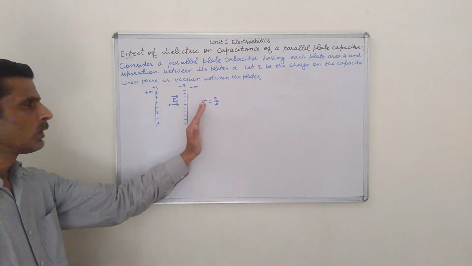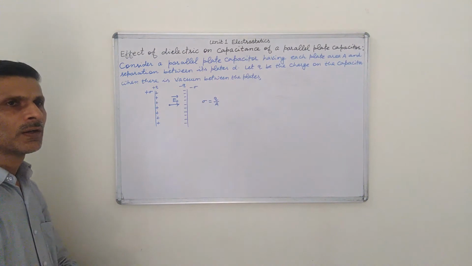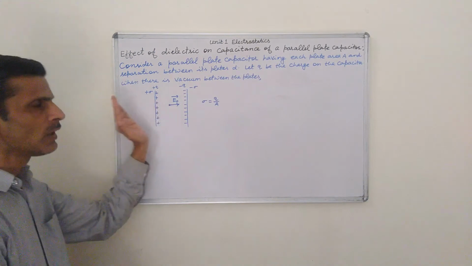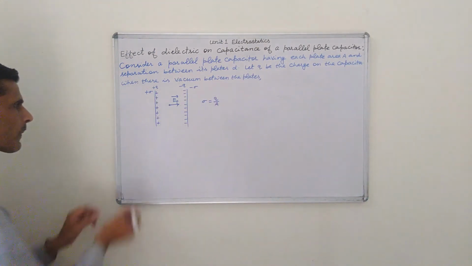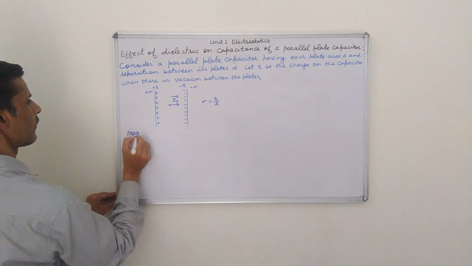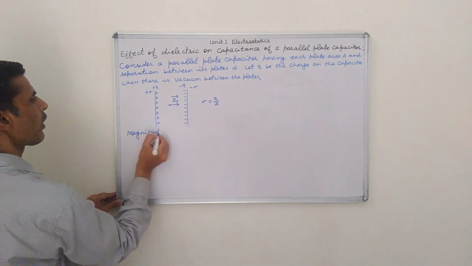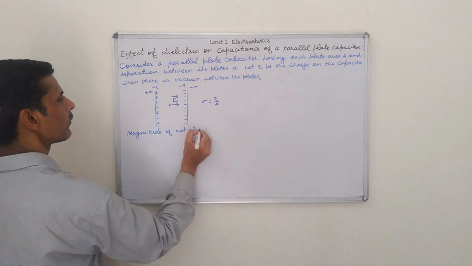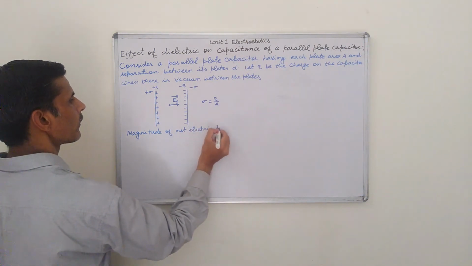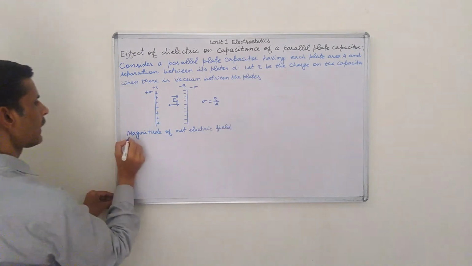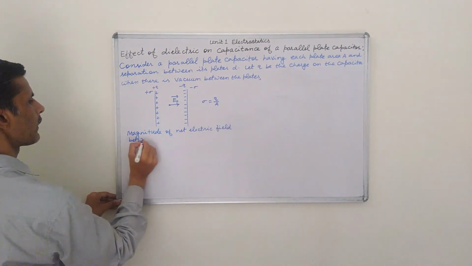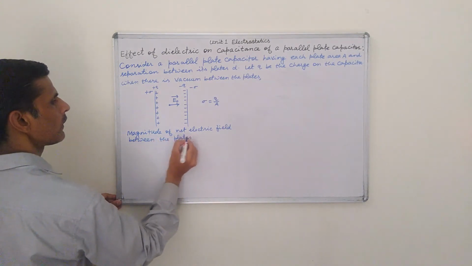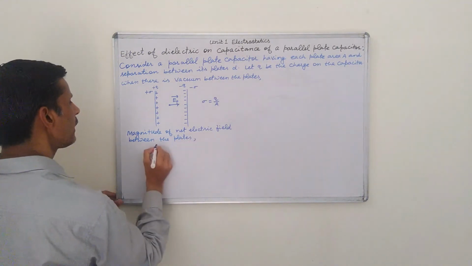Plate 2, that is right plate, its electric field at this point also points left to right. Magnitude of net electric field between the plates of the capacitor, E naught.